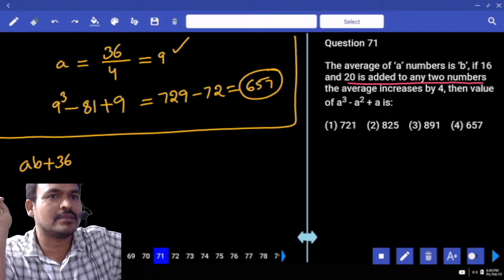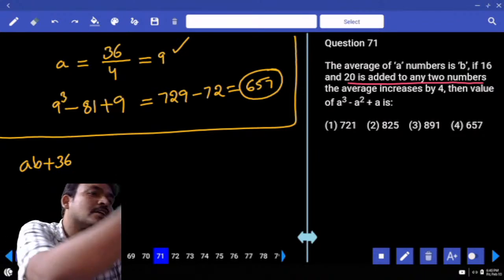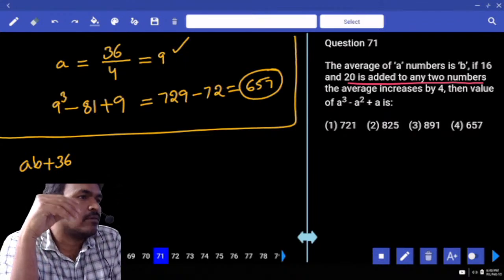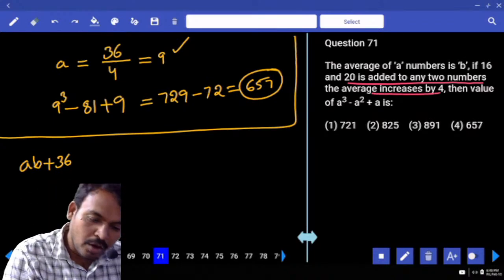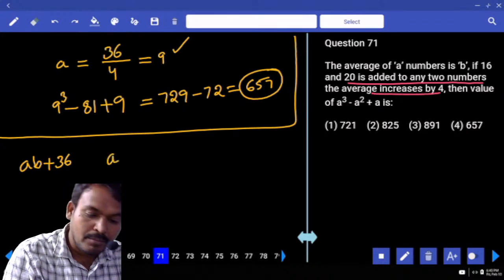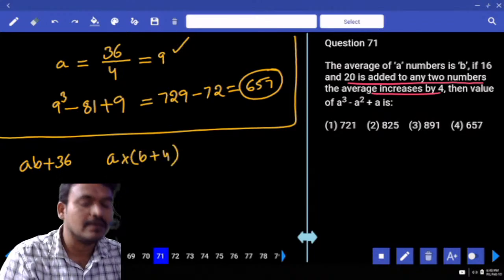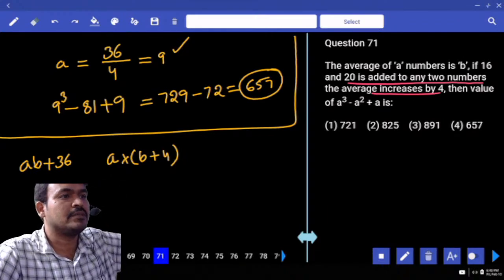In A numbers, one of the numbers is increased by how much? 16. Another number is increased by 20. That means there is no change in total numbers. But the average is increased by how much? 4. How many numbers are there? A. But the average will be B plus 4 or B? B plus 4. AB means original sum. AB plus 36 means new sum.